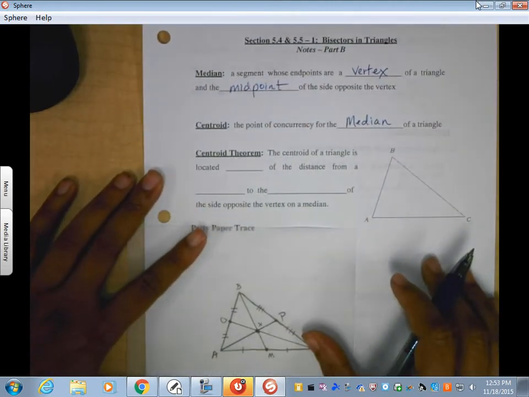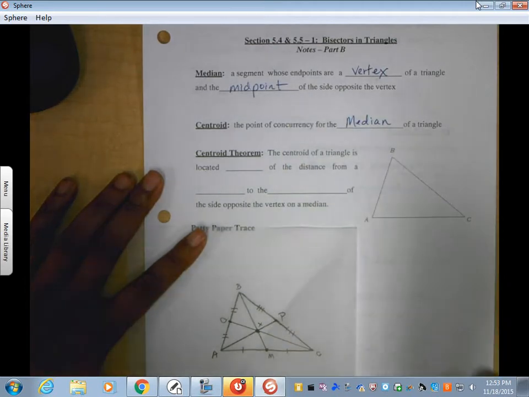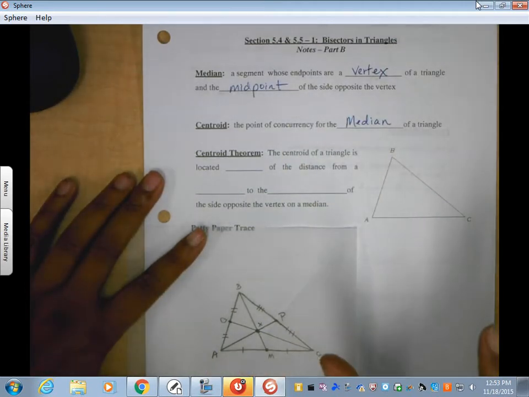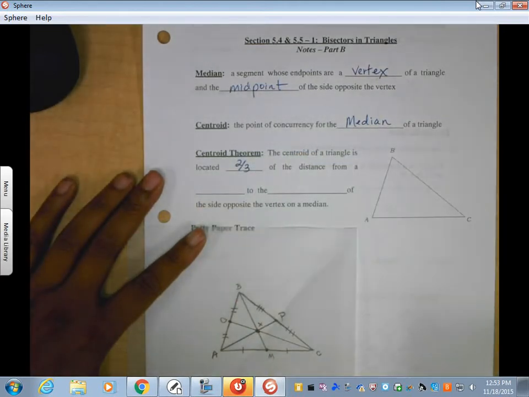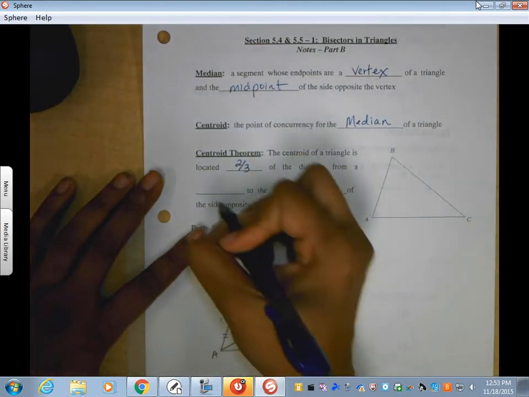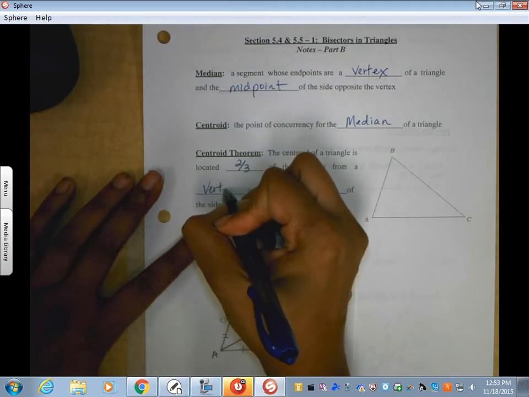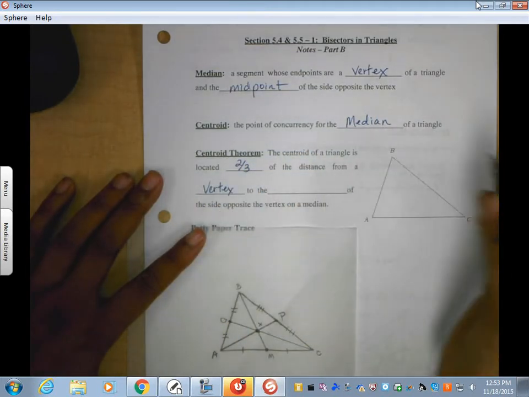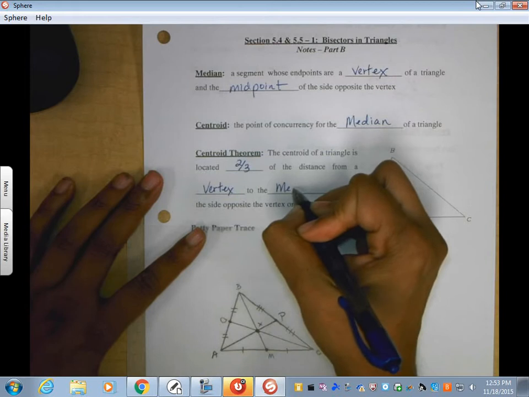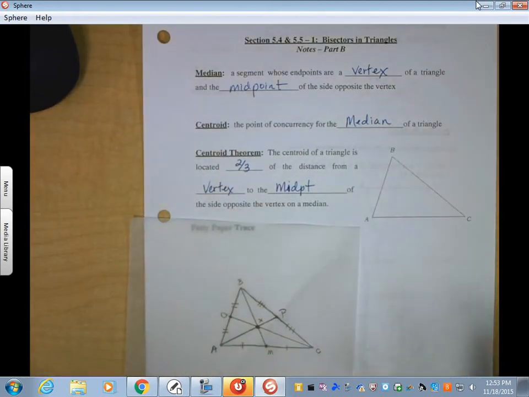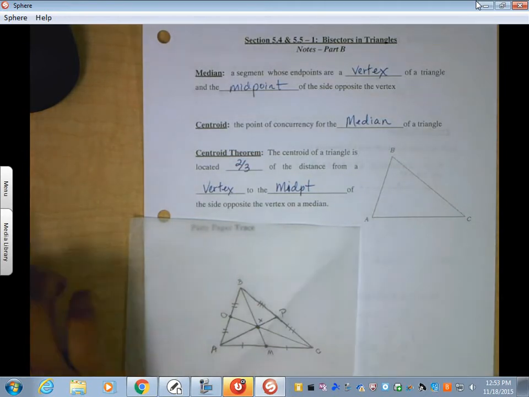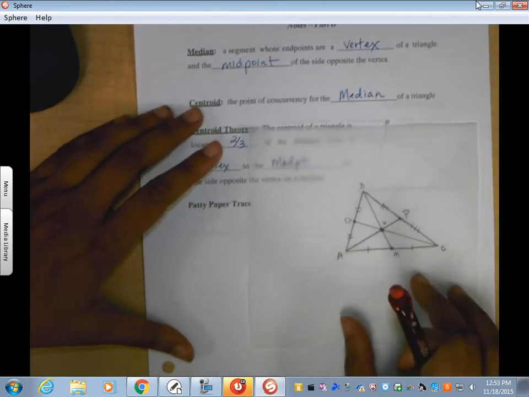And the centroid of a triangle, and I'm going to show you this in a simpler way, is 2/3 the distance from a vertex to the midpoint of the opposite side on the median. Meaning, let's show you this real quick.